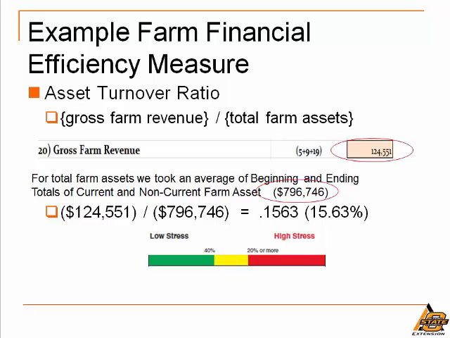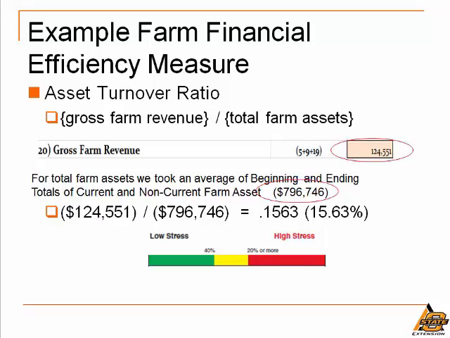Industry standards suggest that a value above 0.4 would be considered low stress for a typical agricultural business. Anything under 0.2 might be a sign of a financially stressful situation. Let's examine our case farm's number a bit closer. Like many farms and ranches, the total value of this farm's asset base is heavily weighted by real estate and buildings, which in many cases have a lot of non-ag value built into the market dollar value that's recorded on the balance sheet.